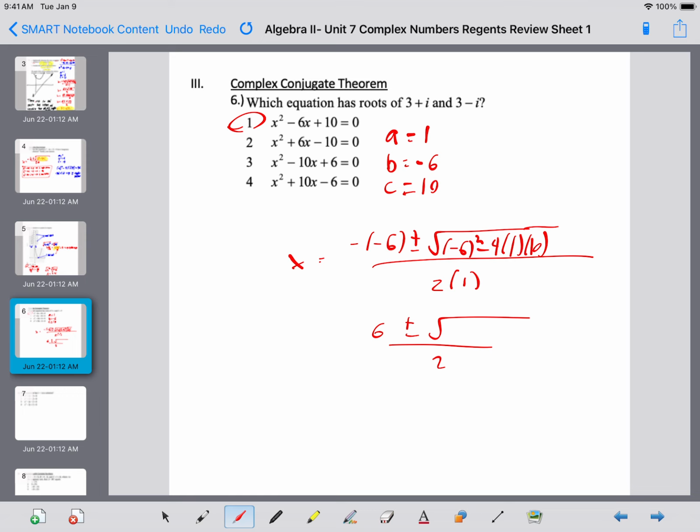Six squared minus 4 times 10 is negative 4, which is just 2i. So 6 plus or minus 2i over 2, which equals 3 plus or minus i. That is 3 plus i and 3 minus i. The answer was 1.